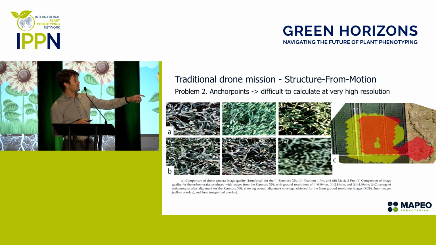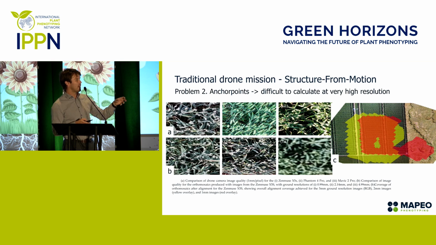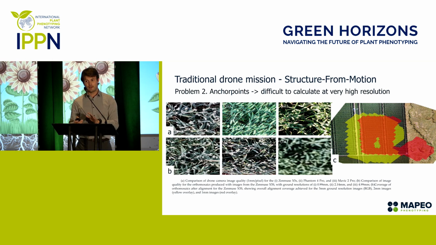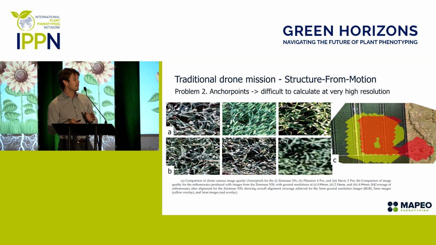So on the right with image C, you see how we went trying to use structure from motion to recreate a field using 1 millimeter resolution in red, which just kind of failed because it couldn't find anchor points between all of the images. In yellow at 2 millimeters, it performed a bit better, but didn't quite work. And then at 5 millimeters, it does work.